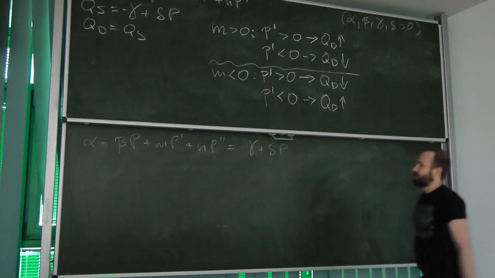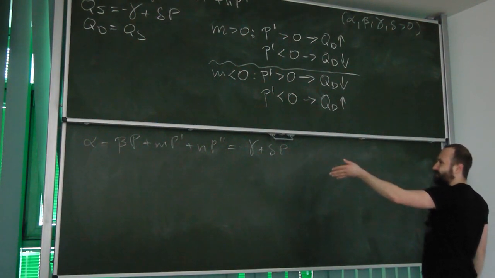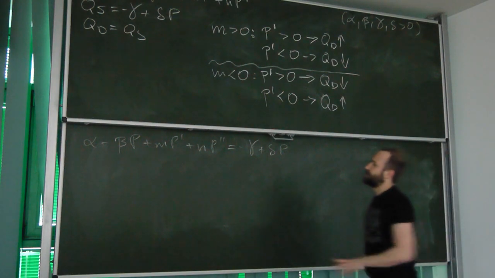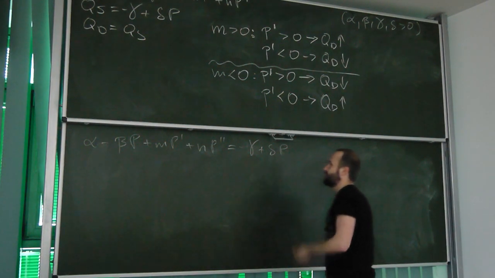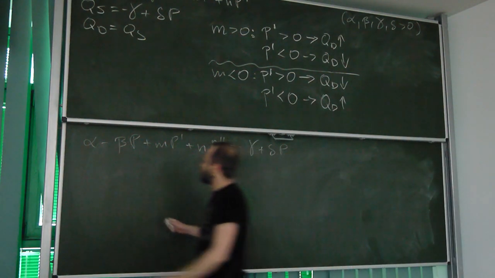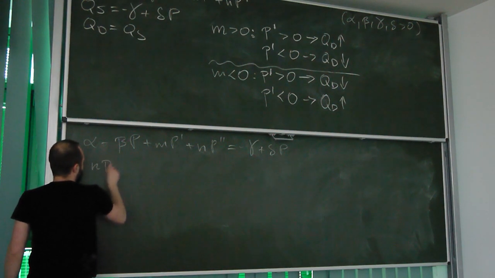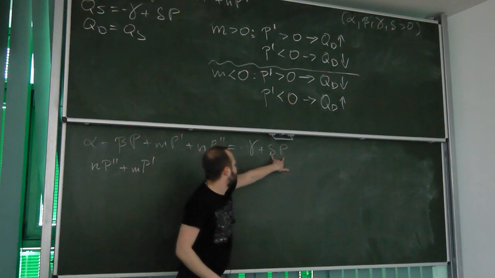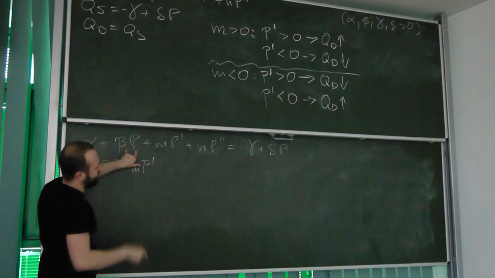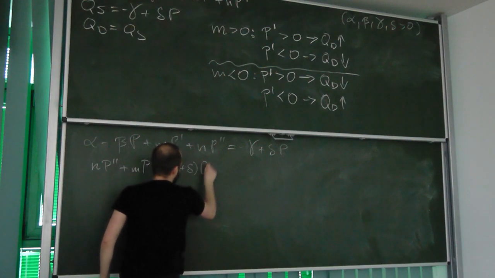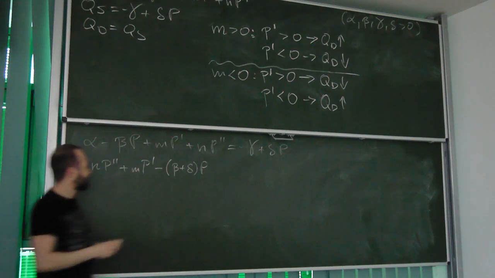Now we put all expressions with P on the left-hand side and all the expressions without P on the right-hand side, and let's also organize them in a way that is more familiar to us, starting with the highest derivative, the most to the left. So we get n p double prime plus m p prime. If I'm going to put delta p on this hand side, it will be with minus, so I can take minus out, and I'm receiving this expression.